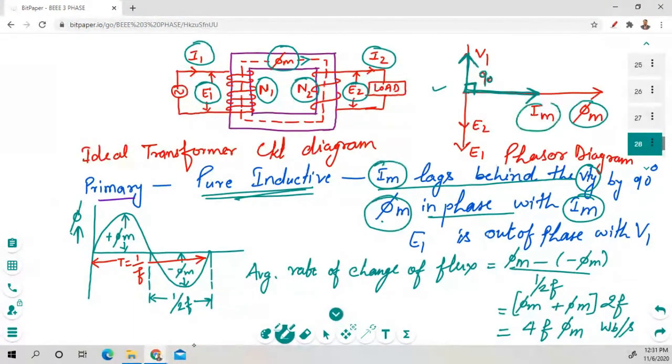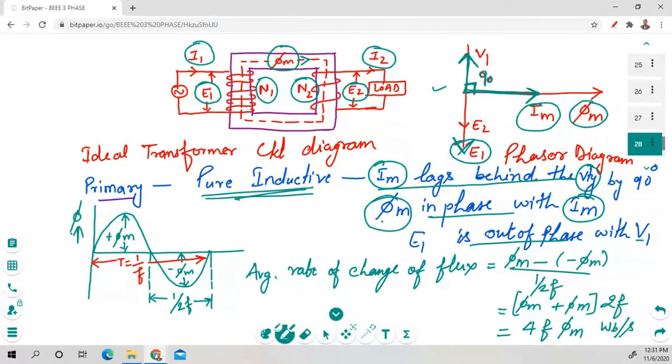Now E1 is out of phase with V1. With respect to V1, an EMF E1 is generated, which is out of phase with the voltage V1, so it is represented downward. Why? Because it is out of phase with V1. Understood how we have drawn this phasor diagram? Write in the chat box.